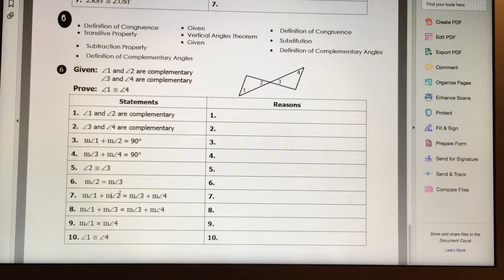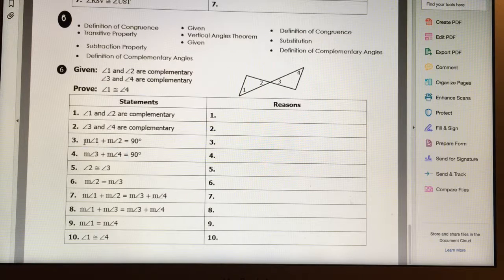Looking back up here, out of all these put together, what can we possibly be looking at that allows us to say that? What I see is that the measure of angle 1 plus the measure of angle 2 equals 90, and the measure of angle 3 plus the measure of angle 4 equals 90.